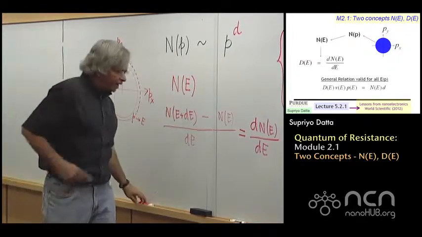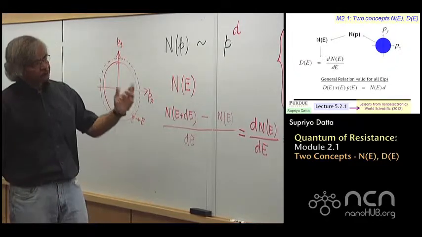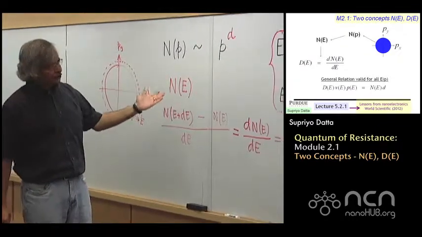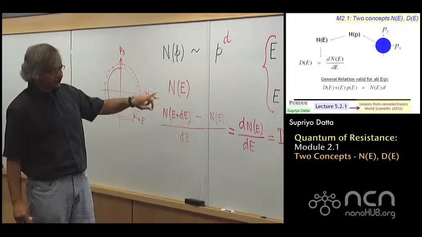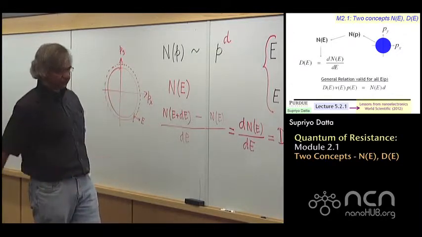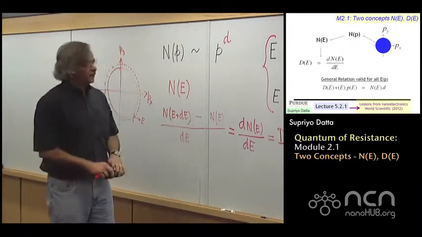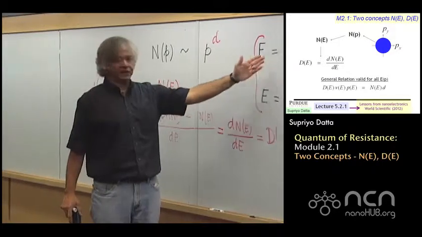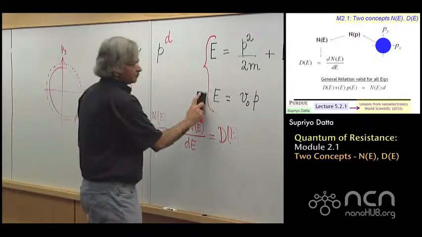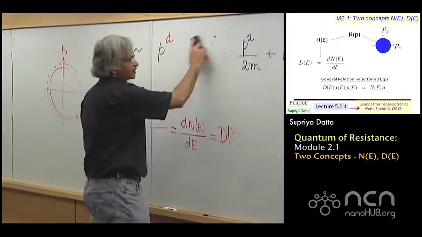Okay. Now, right now, I just want to finish up this module with a short demonstration of a particular relation that should hold in general, irrespective of the energy momentum relation we use. Let me first state it.